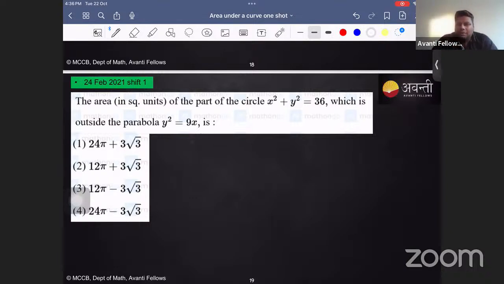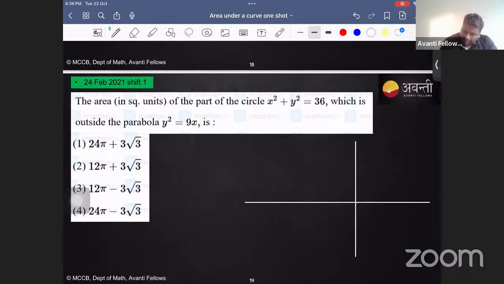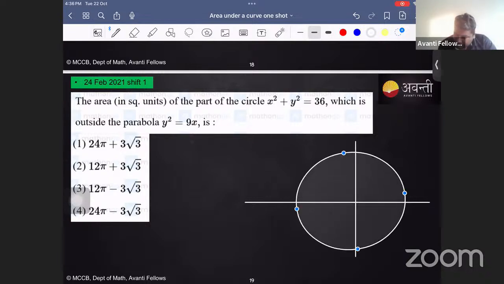Well, now let's end this. Two people answered, one answered A, one answered B. And now, Sivamani, see, this is the kind of circle you are having.